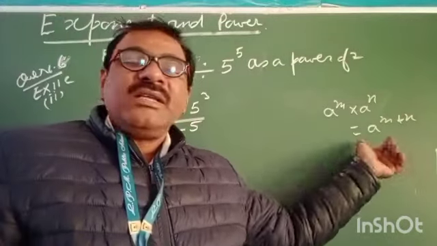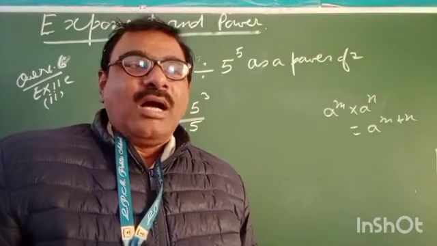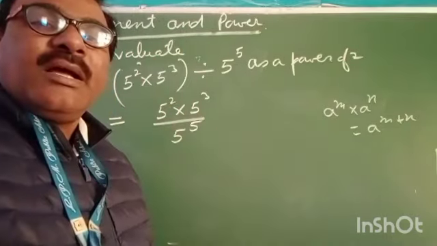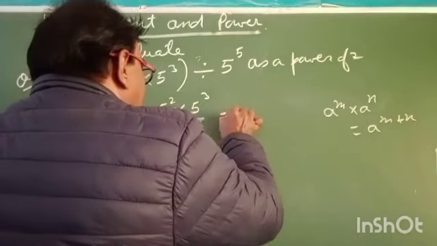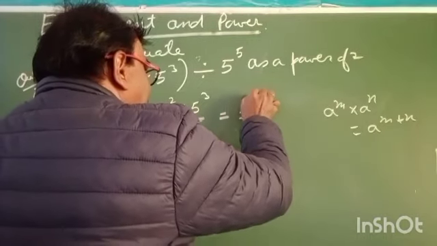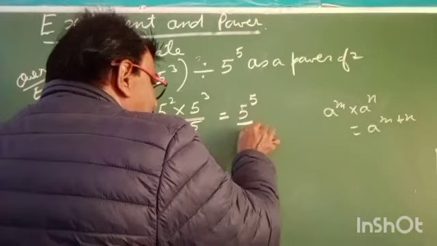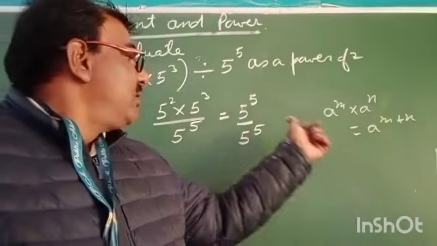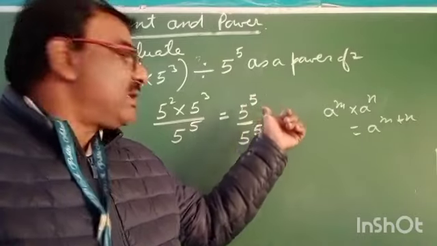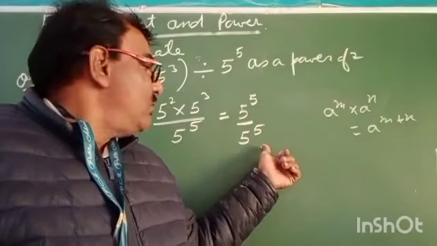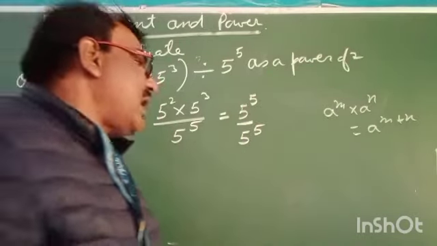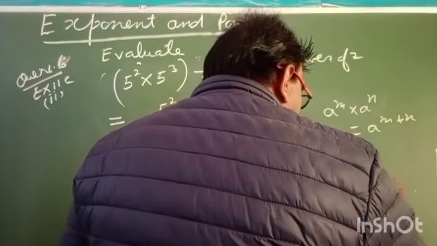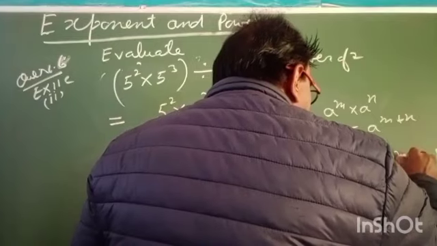With the help of this law of exponent, 5 square multiply 5 cube will be equal to 5 to the power 5 upon 5 to the power 5. Here we have 5 to the power 5 and here is also 5 to the power 5. As you know, a to the power m upon a to the power n equals a to the power m minus n.